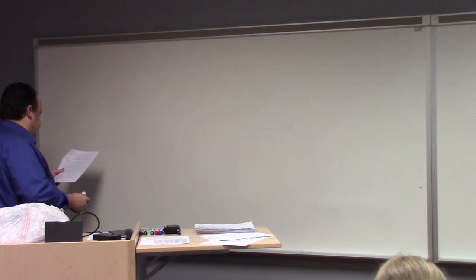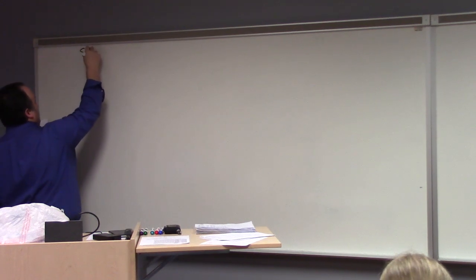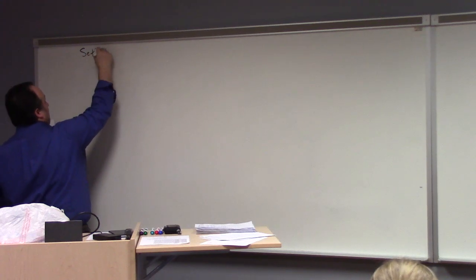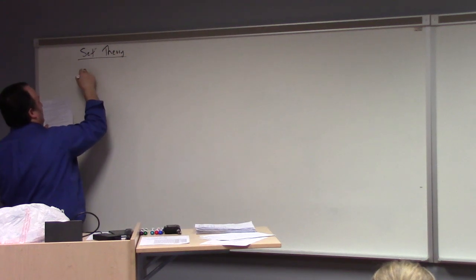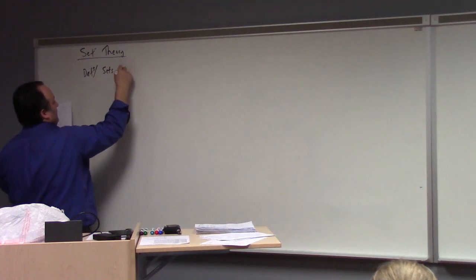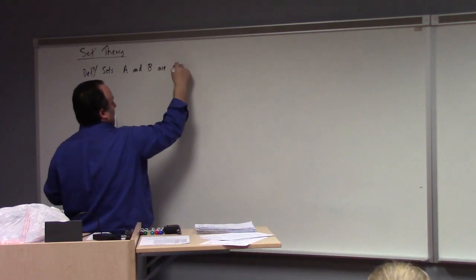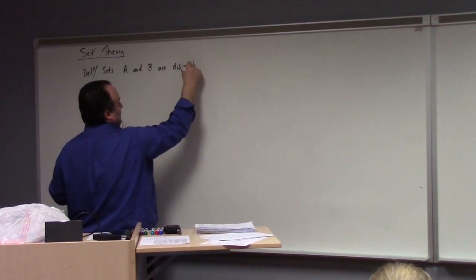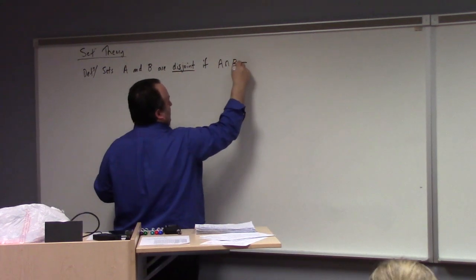All right, so let me get right into it. I have defined many things about operations on sets, but not everything, right? So here's another definition. We're talking about set theory again today. Sets A and B are disjoint if A intersect B is the empty set.